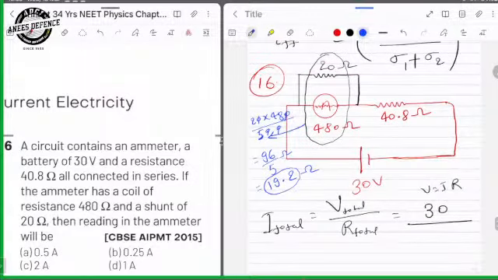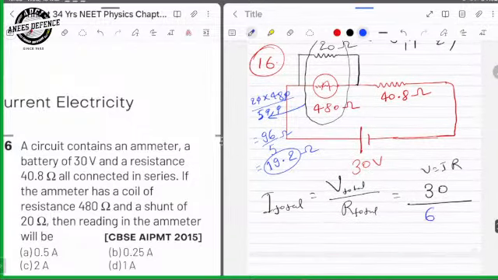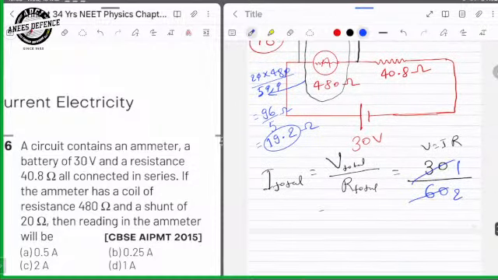So R total is how much? 19.2 plus 40.8. Are you getting it? 40 and 19, 60. Okay. So with 60, I is how much? 30 by 60 is 1 by 2, that is 0.5 ampere.